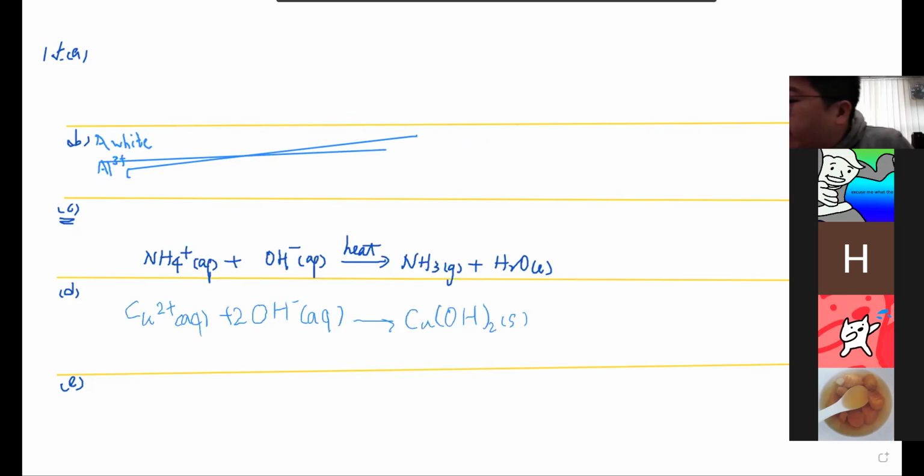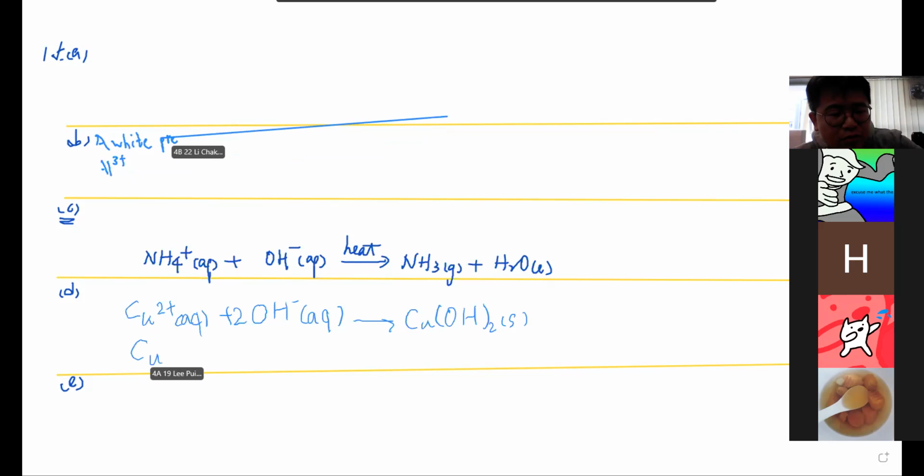Because you have the two solutions and warm them, while the gas is highly water soluble, you never see any colorless gas bubbles. So some vapor is coming out, but it is colorless. You cannot have a confined region to tell it is a colorless gas. Can you get the point?